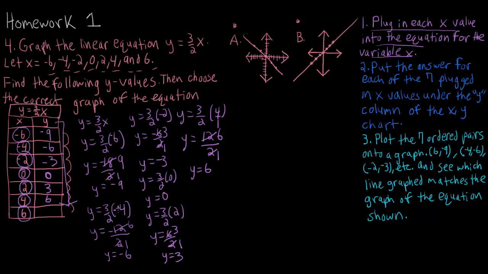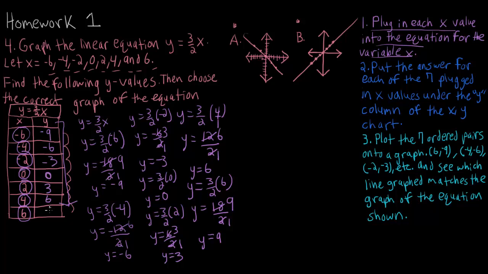Last term to plug in is 6. y equals 3/2 times 6. y equals 3 times 6 is 18 over 2. 2 goes into itself once. 2 goes into 18 9 times. y equals positive 9.